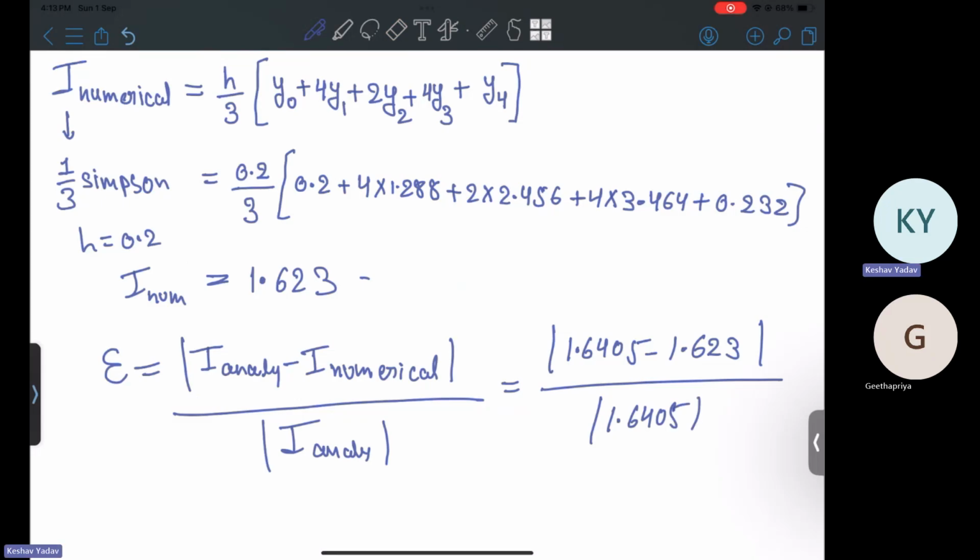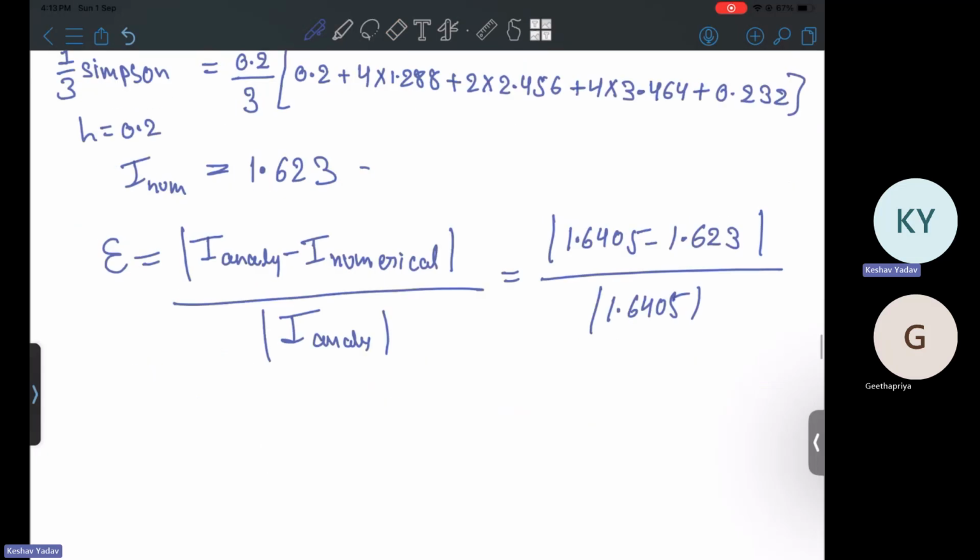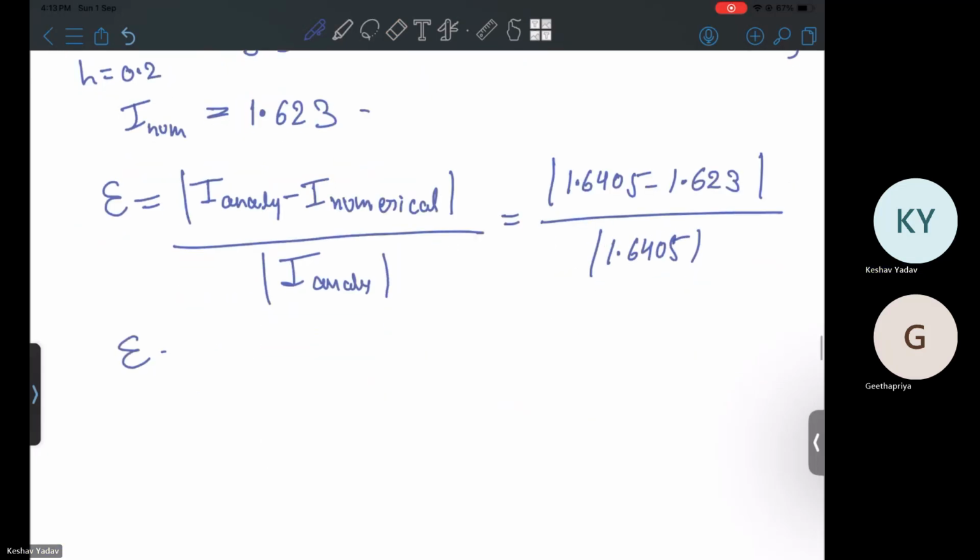If you find out this value, this is the error.